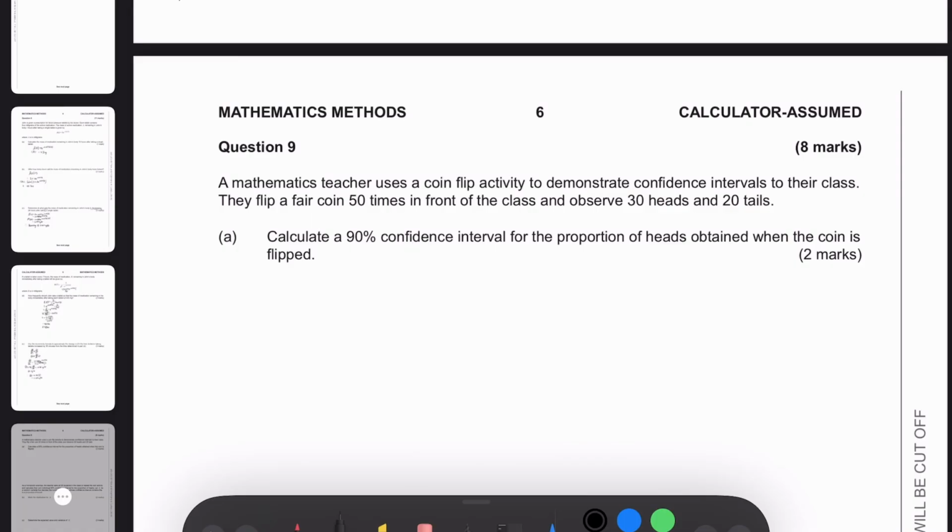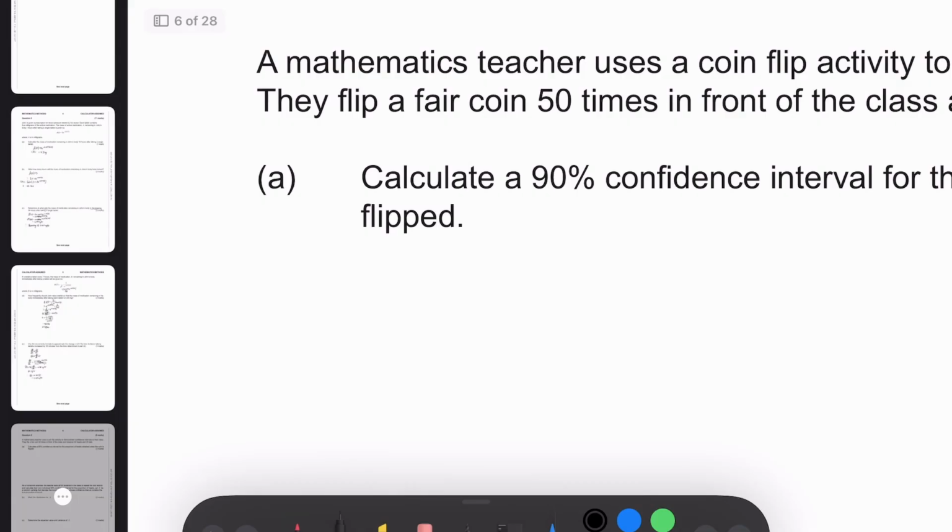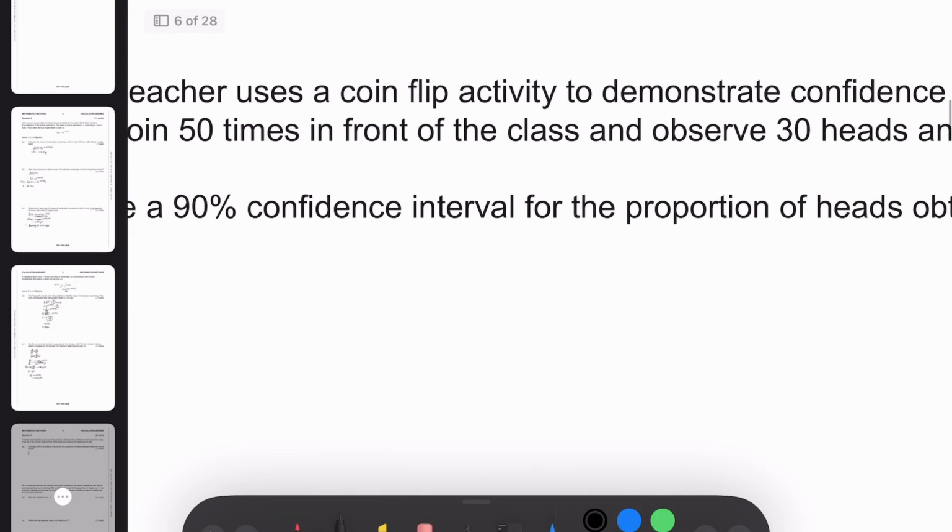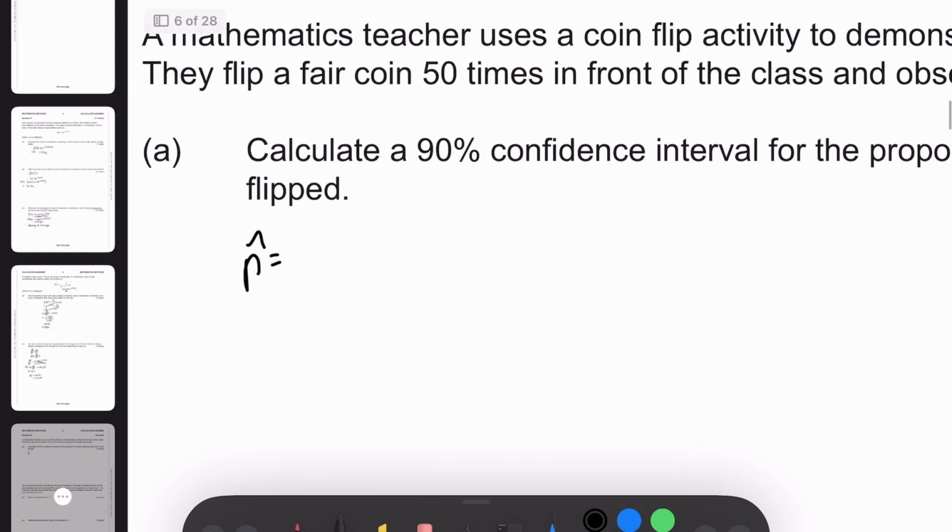Okay, so the proportion from this sample is going to be 30 divided by 50, which is 3 on 5, or 0.6. Then for our confidence interval of 90%, we need to know the standard deviation first.